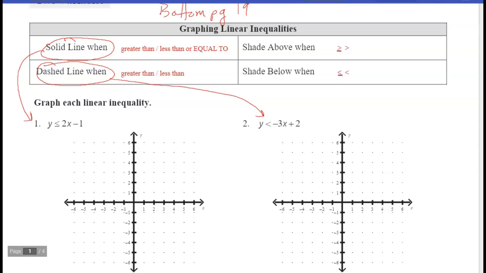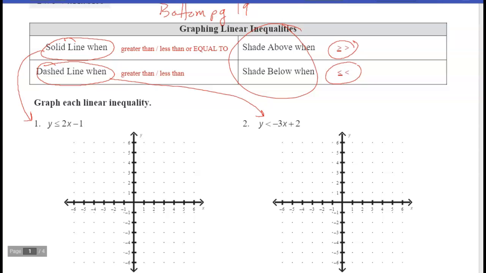On these first couple, we shade above when it is a greater than or equal to, and we shade below when it's less than or less than and equal to. These over here you can easily figure out by guessing and checking if you don't remember. But this is the one thing that out of this whole lesson you need to remember right here.